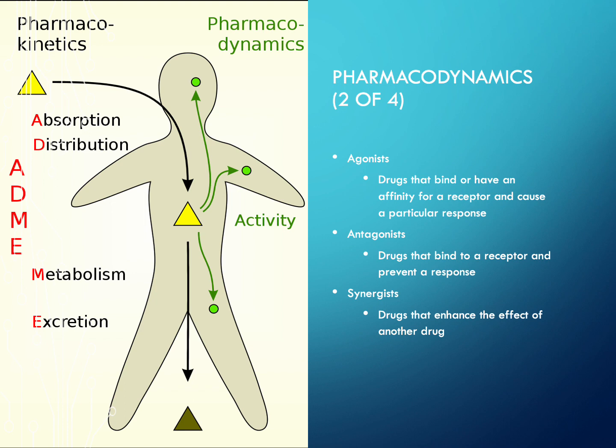Now let's talk about synergists. Synergists are drugs that enhance the effect of another drug. So we talked about aspirin and warfarin previously, and this is an example of a synergistic relationship where aspirin is going to increase the effect of warfarin, right? And then the result is that we have an over anticoagulated patient.